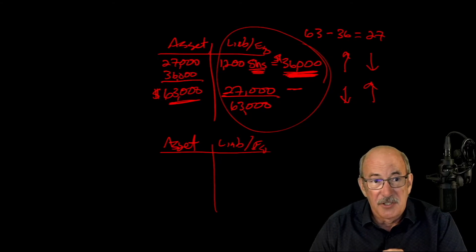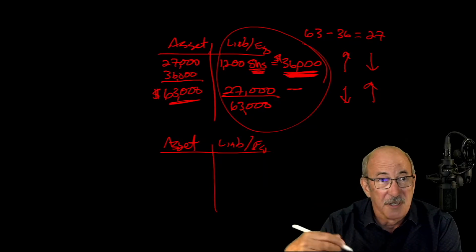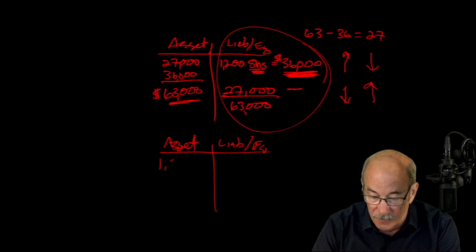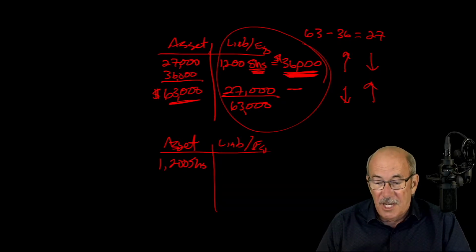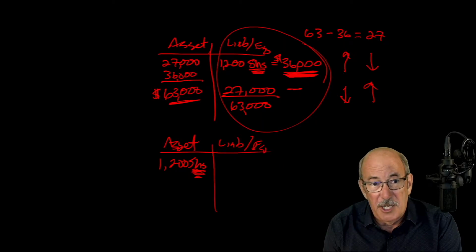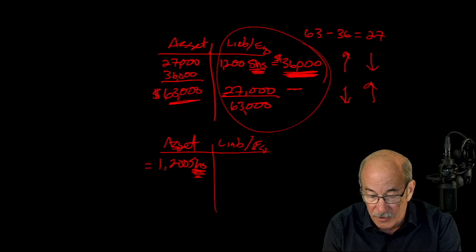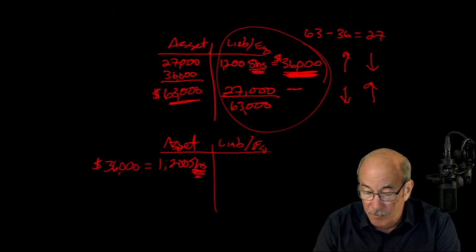In the margin long position, let's say we did the same numbers, 1,200 shares. In this case, the asset is denominated in shares. We can get a dollar value for that by multiplying by the current price. So we could actually set that up.